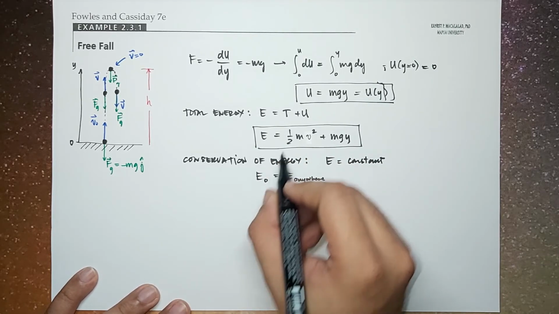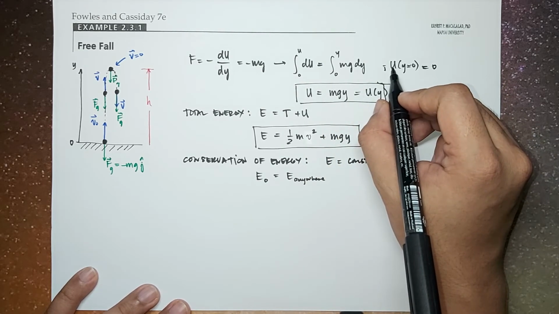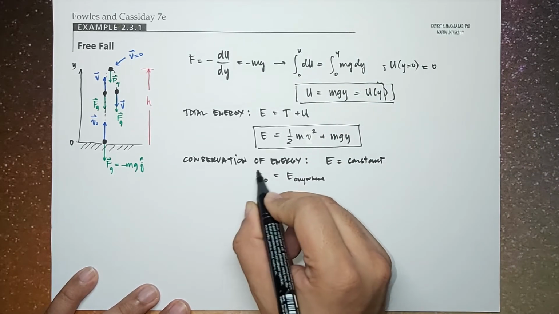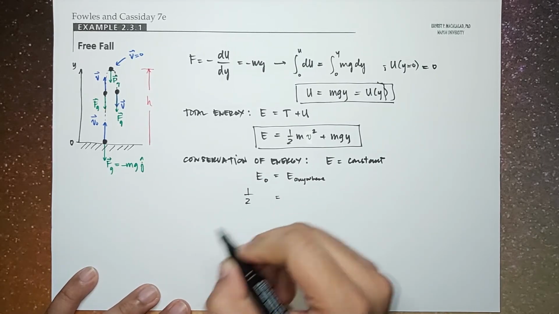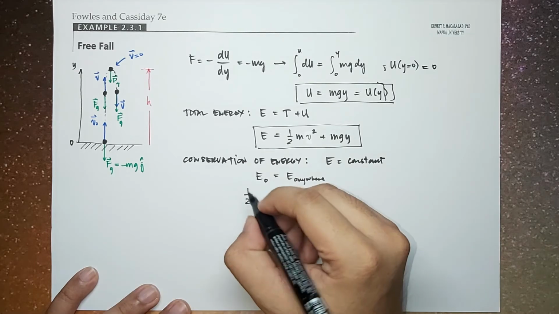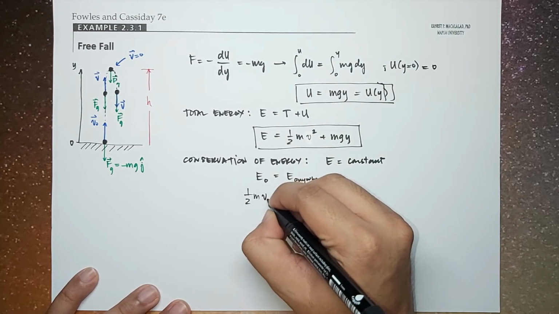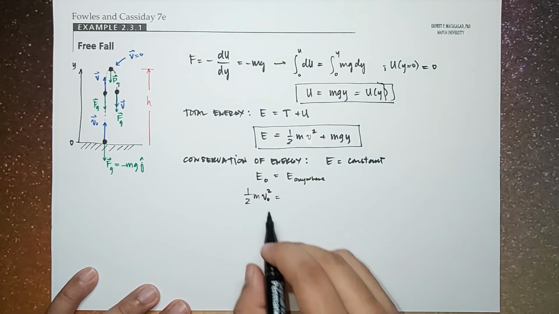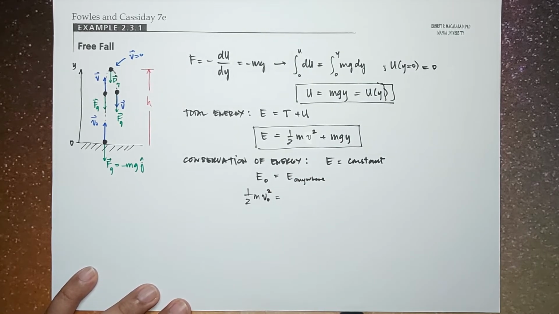At the floor, y is equal to 0, so U is equal to 0. So the total energy at the initial point will just be your kinetic energy at the floor, given by 1/2 m times the initial velocity v naught squared, or the square of the speed of your particle initially.